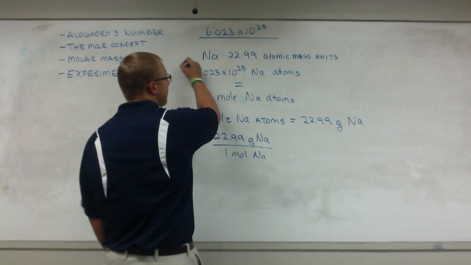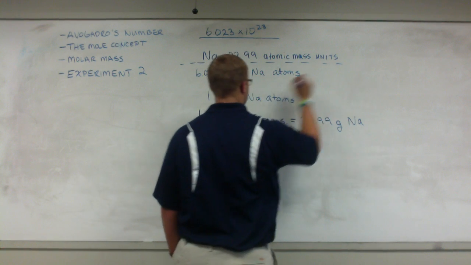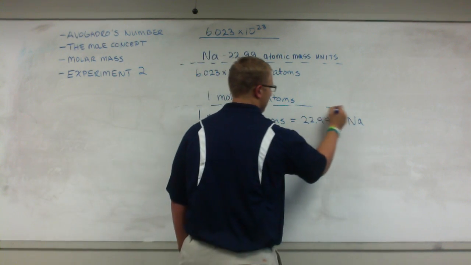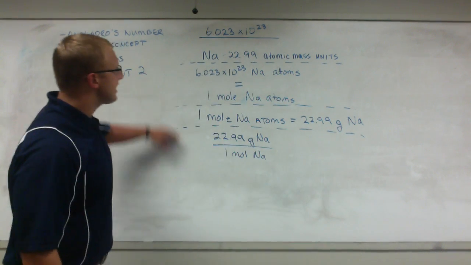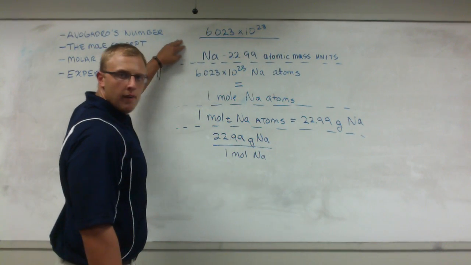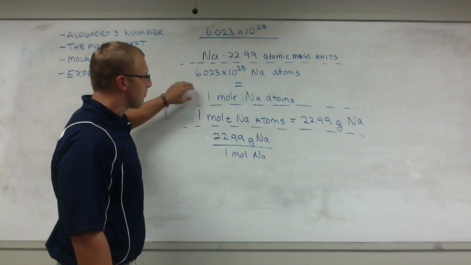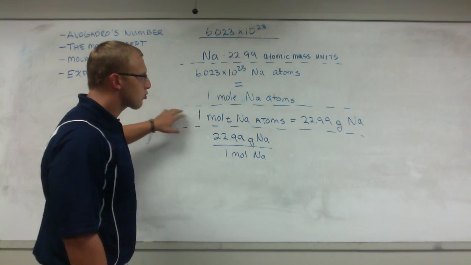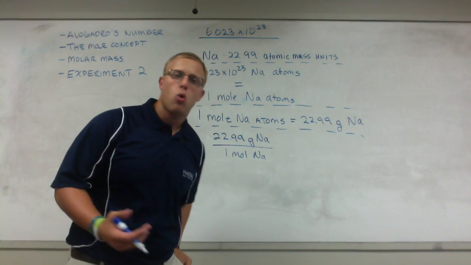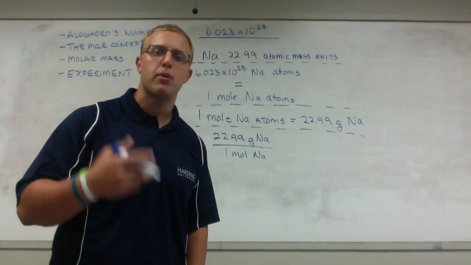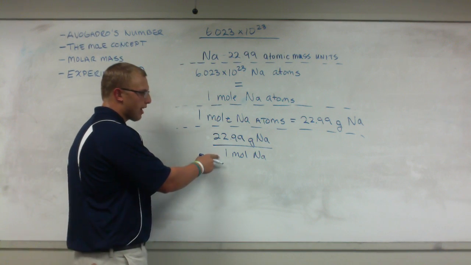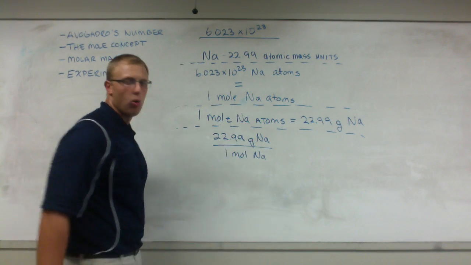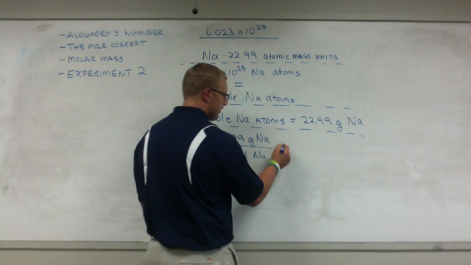So when we take this number, I'll separate this real quick for you so that you don't get confused and your eyes don't start wandering. So we've taken the atomic mass units. We've used Avogadro's number in the mole concept to describe a gram quantity or a number of atoms, right? So now 22.99 grams of sodium is equal to 1 mole. We can also do the opposite.